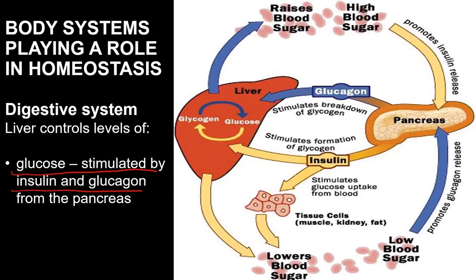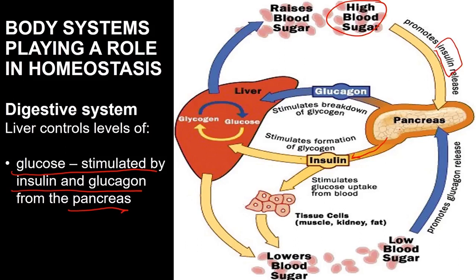Okay, and this should be familiar to you. Pancreas and the liver work together to control the level of glucose in the blood. For example, if you've just eaten sweets and the sugar level is too high, insulin is produced, and the insulin, okay, so the high blood sugar promotes insulin release.